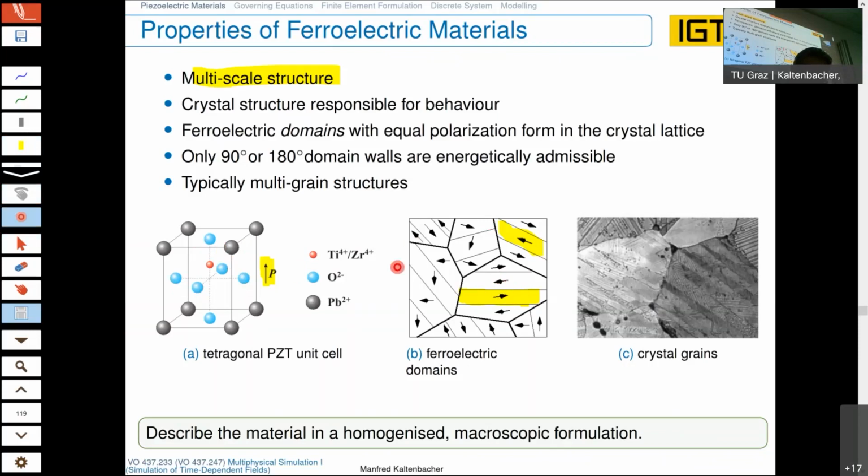And when you sum them up, you get no resulting polarization at the initial stage. But we have already polarization on the atomic level. We call it spontaneous polarization. But according to the energy minimum principle, they show in different directions.